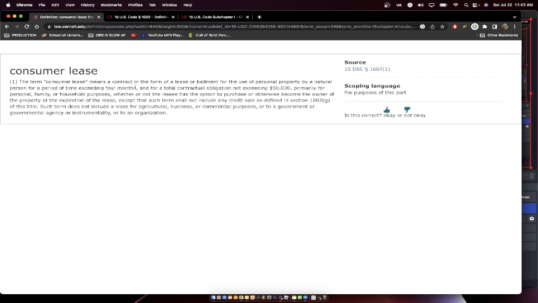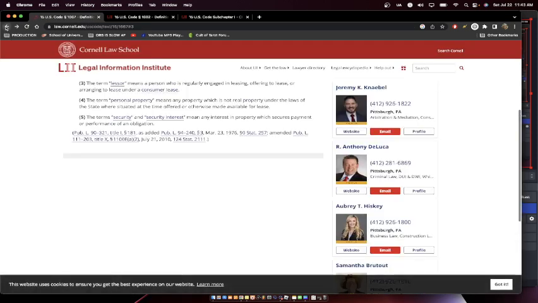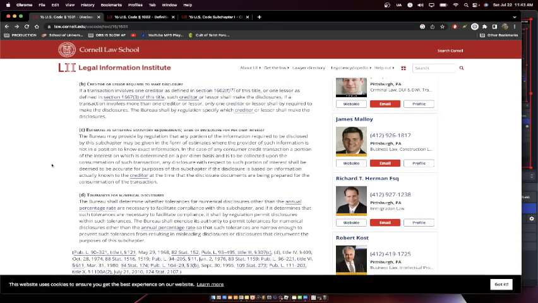That's that 4 installments. And for a total contractual obligation not exceeding $50,000, primarily for personal, family, or household purposes. Where have I seen those definitions before? Right.